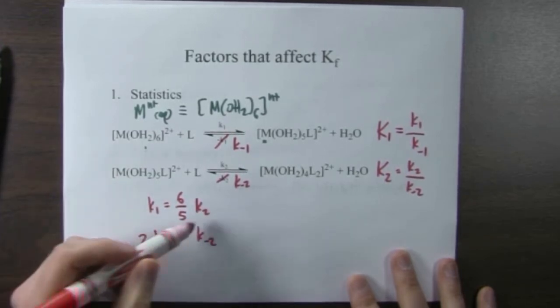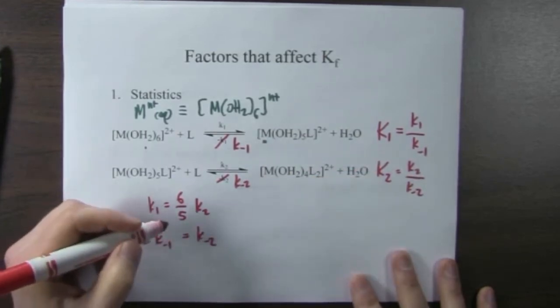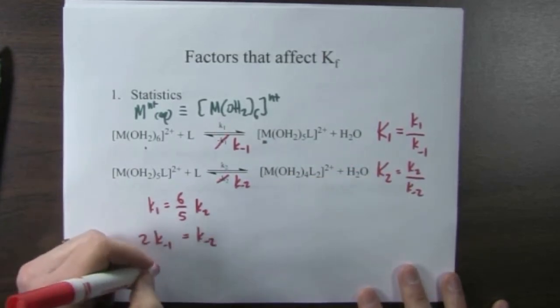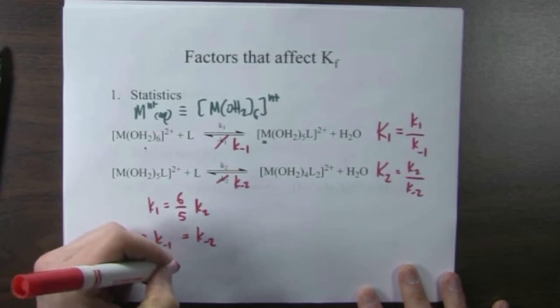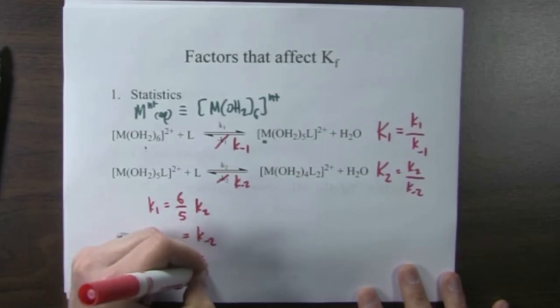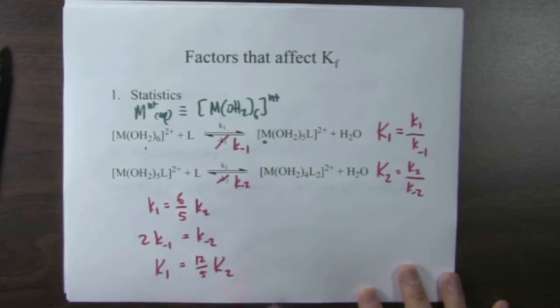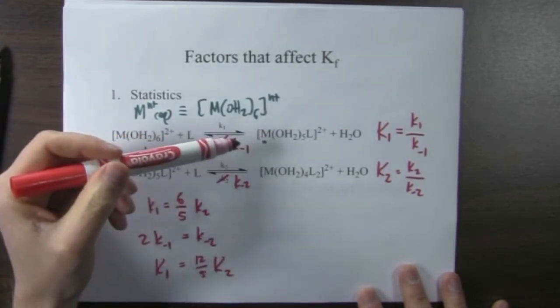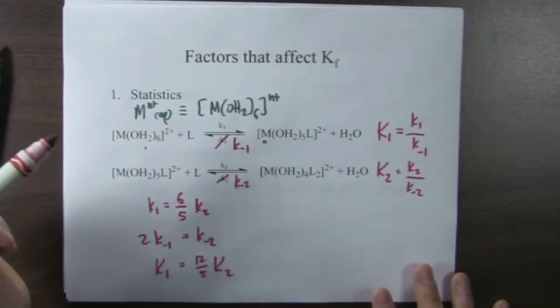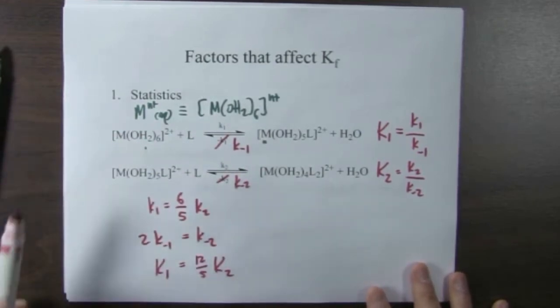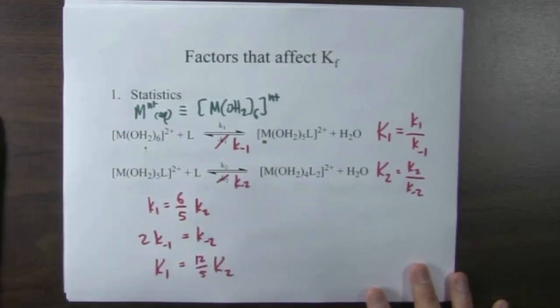So putting all of this together, we can substitute in and say that the equilibrium constant for the first step is 12/5 of the equilibrium constant for the second step. This first step has to be a large equilibrium constant just based on the chances of colliding and displacing one of those ligands.